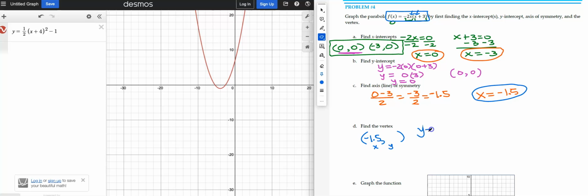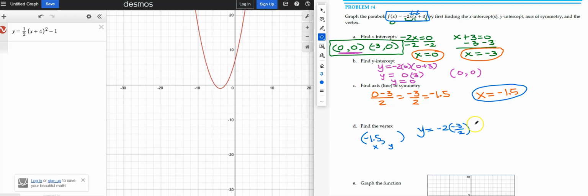So I'll have y equals negative 2 times, actually maybe I will leave it now as negative 3/2 just because it might be a little bit easier to simplify this here.